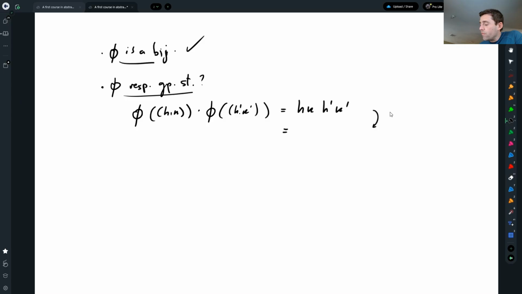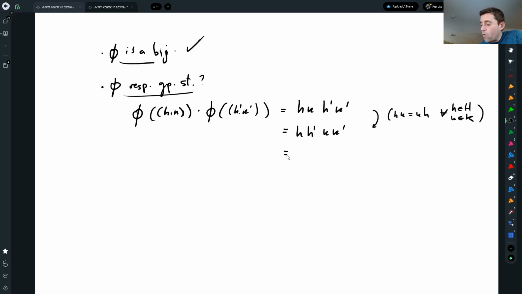So we have that hk equals kh for all h in H and k in K, and therefore I can make the k and the h prime commute. That is h h prime and then k k prime.